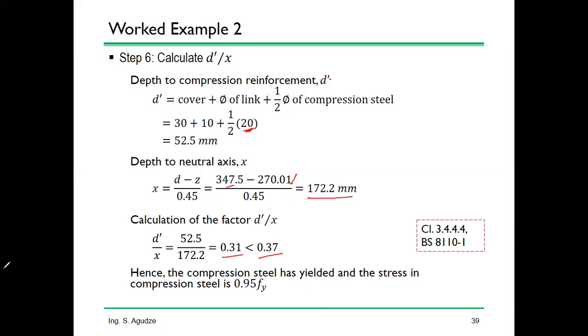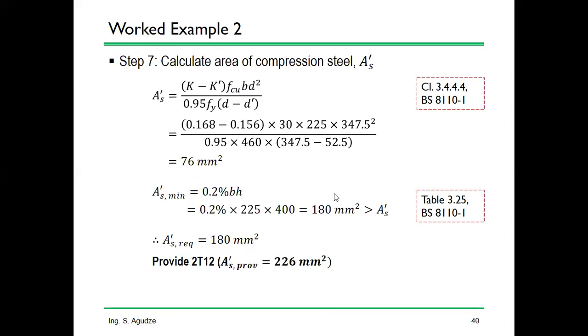Okay? Now, then the step 7, now that we have been able to establish that, we can now select the appropriate formula for calculating the area of steel in compression and in tension.